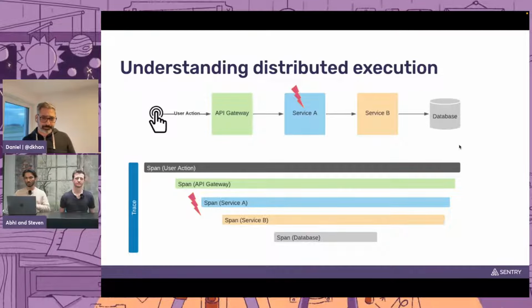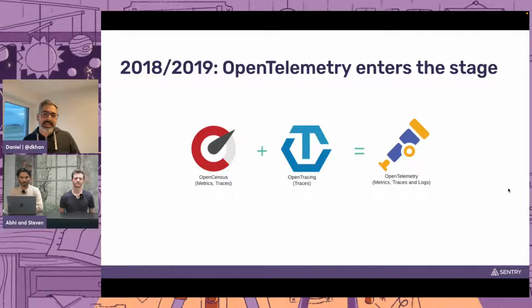Next slide. And so now we are fast forwarding to 2018 and 2019, and this is when OpenTelemetry enters the stage. To give you a little bit of history, OpenTelemetry was not the first open standard in this space.